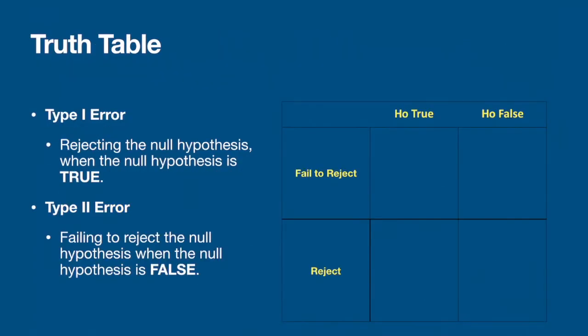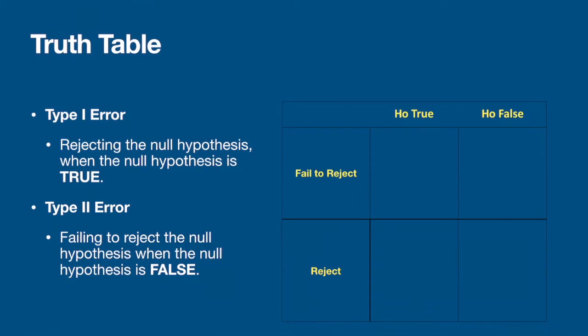So now let's turn our attention to something different here for just a second. I want to show you something that we call the truth table. Now, this truth table helps us to understand what we do with the null hypothesis, and it helps us to know whether or not we're doing the correct thing or not. So let me explain this for just a second.